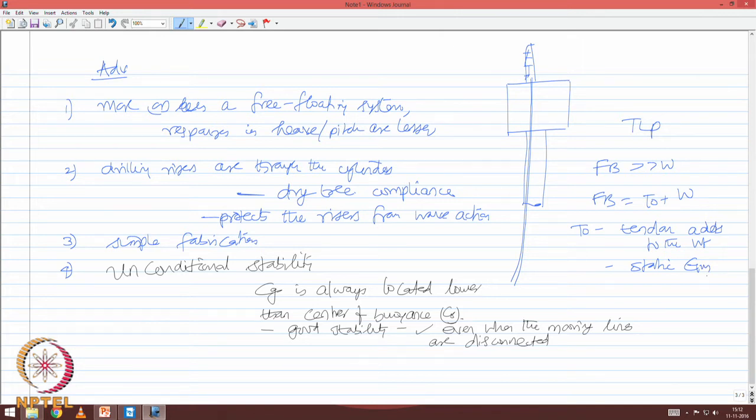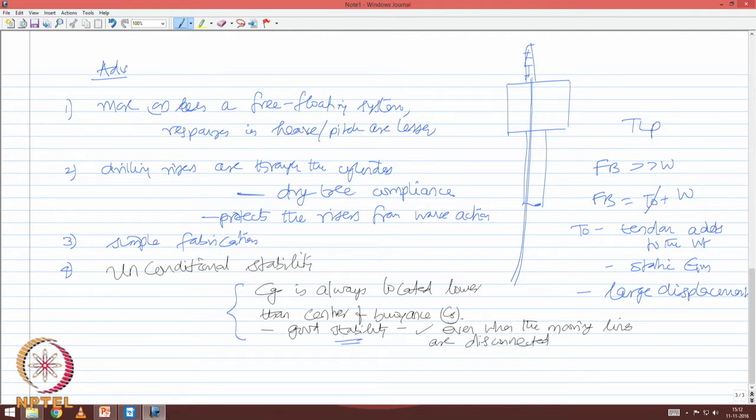Therefore, when tendons are removed, since buoyancy exceeds the weight, they will have a very large displacement. Therefore, drilling is difficult. Whereas, in case of a spar platform, it has got very high stability. Even on removal of the mooring line, it will still stay stable.